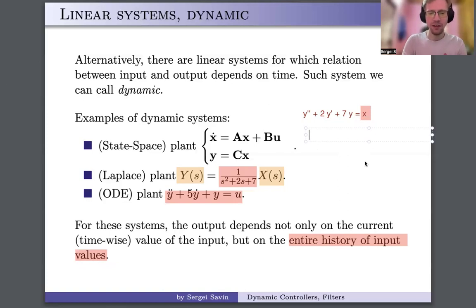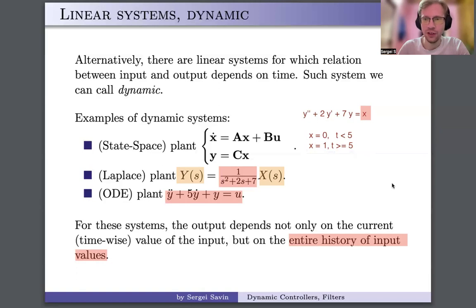It is equal to, let's say, 0 when t is less than 5, and then it is equal to 1 when t is bigger or equal to 5. Well, the fact that the first 5 seconds x was equal to 0 will affect what y will be for the rest of the trajectory.